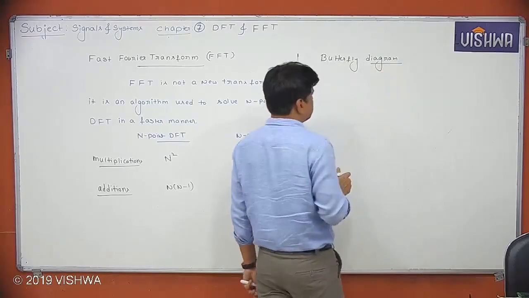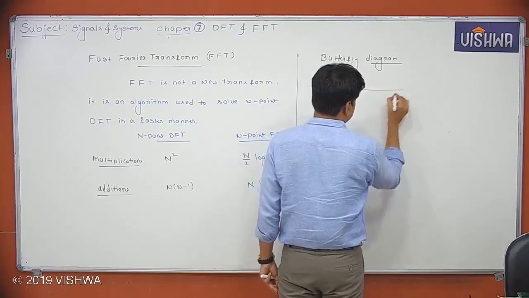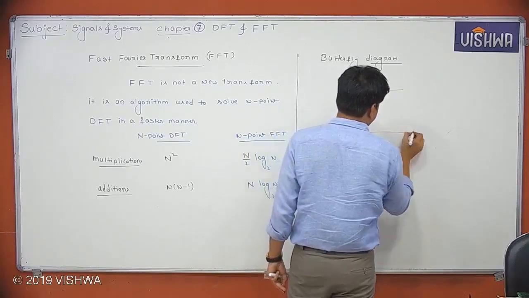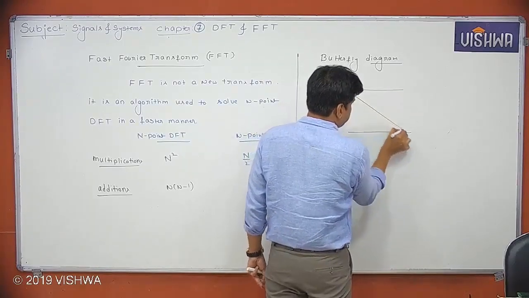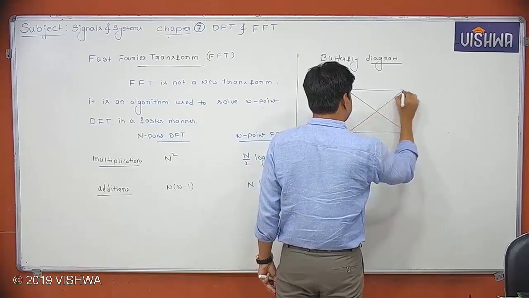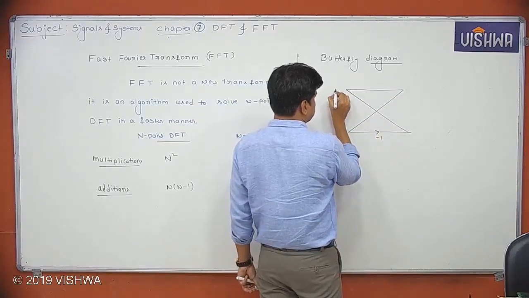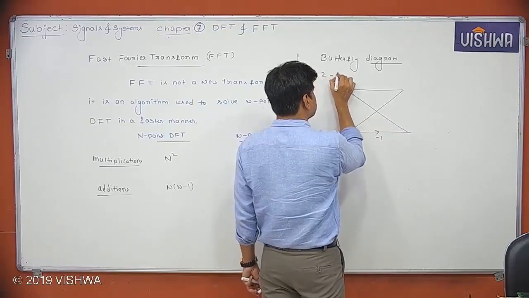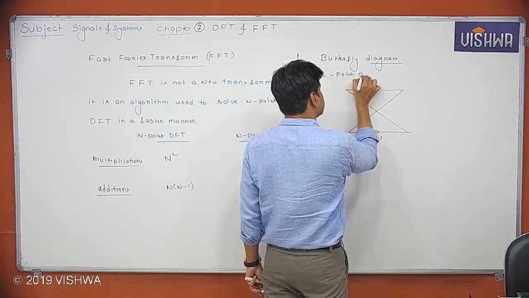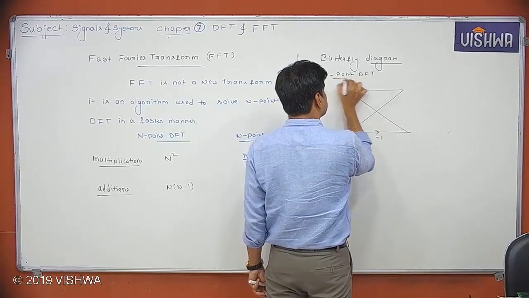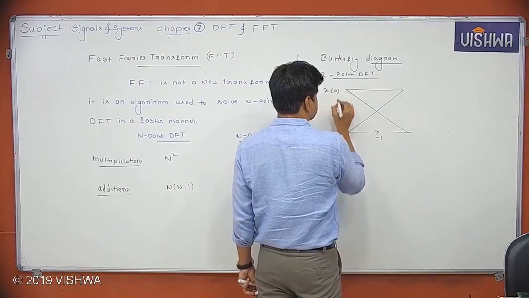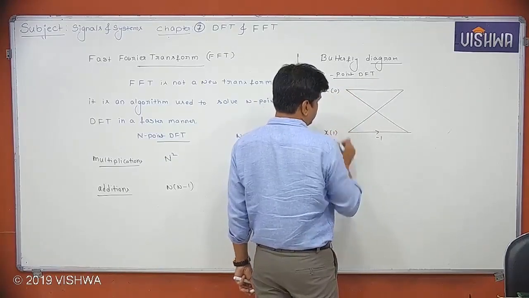What is a butterfly diagram? Suppose it is a 2-point DFT. Here x of 0 is there, x of 1 is there.